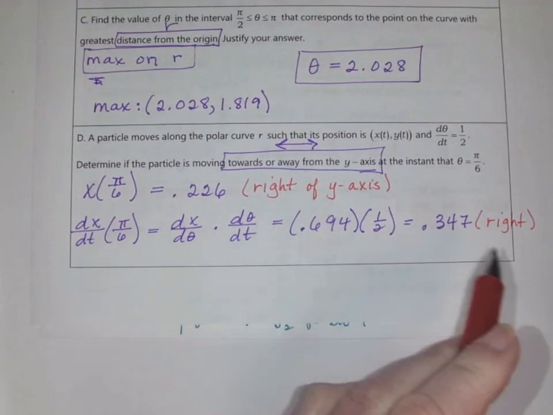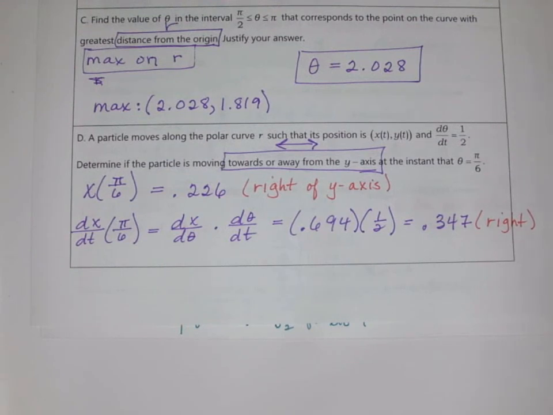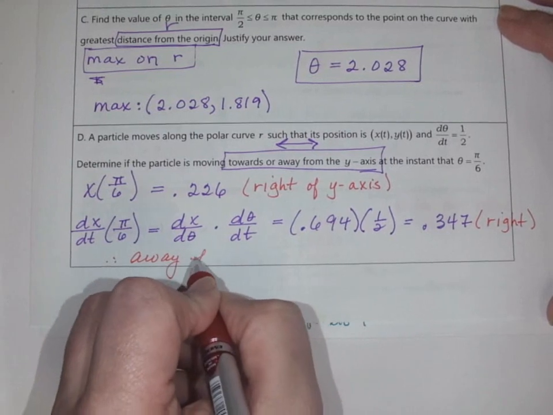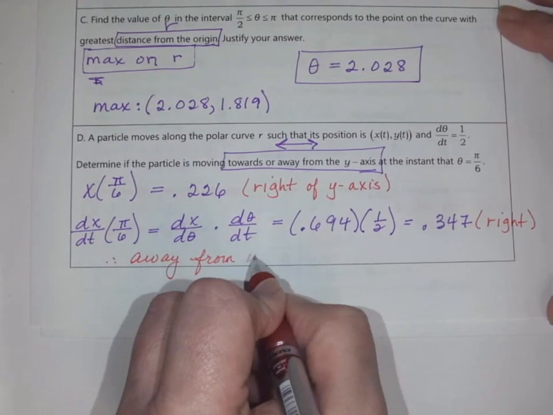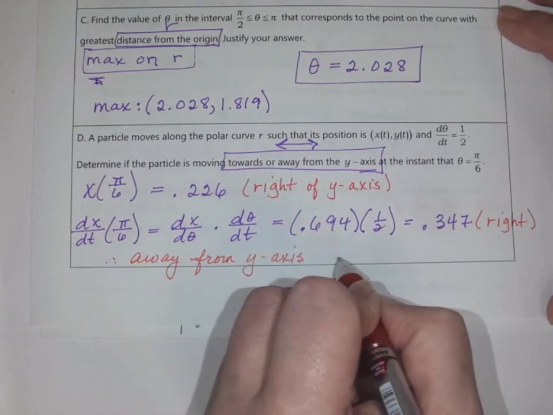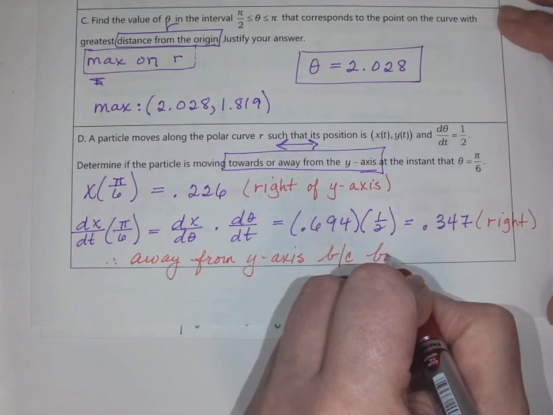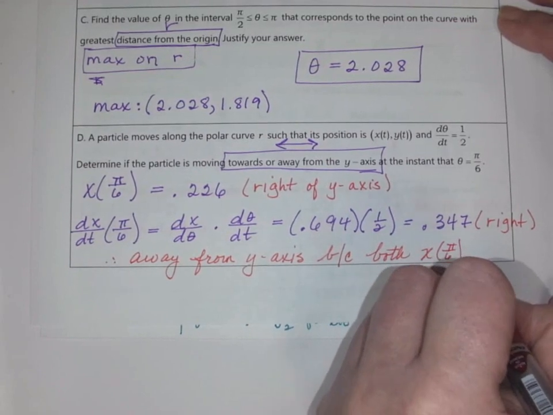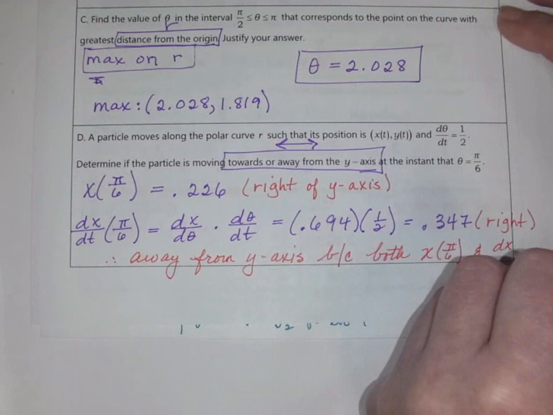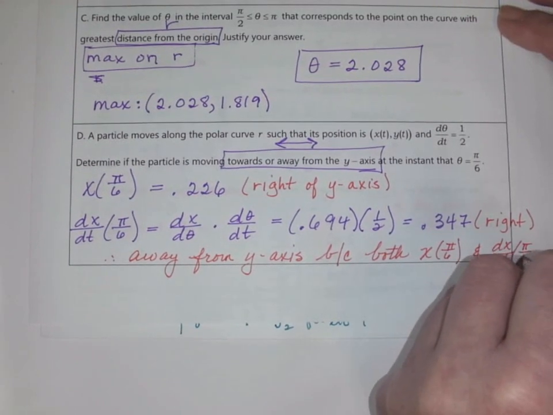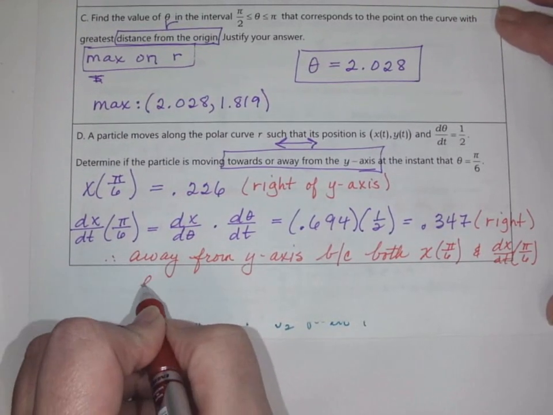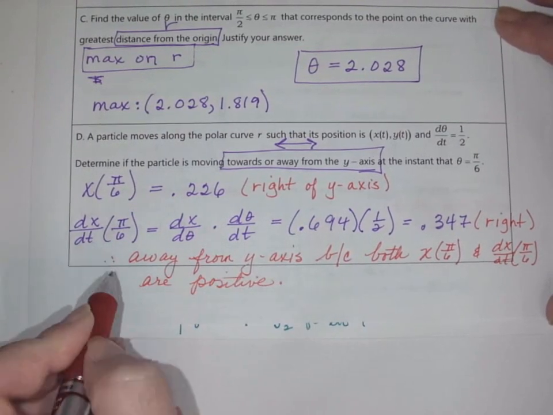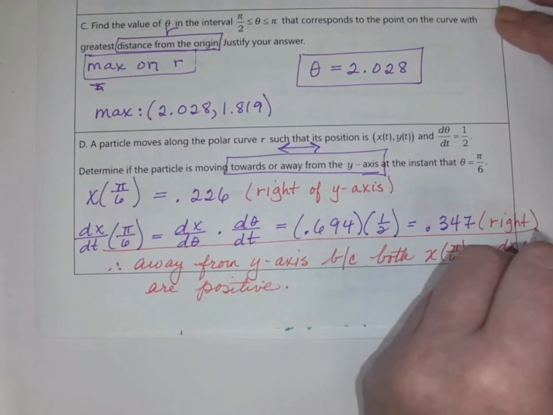Okay, so if we're to the right of the y-axis and we're moving to the right, we must be moving away from the y-axis, because both x of pi over 6 and dx dt of pi over 6 are positive. You could also say they have the same sign. That would be the same thing.